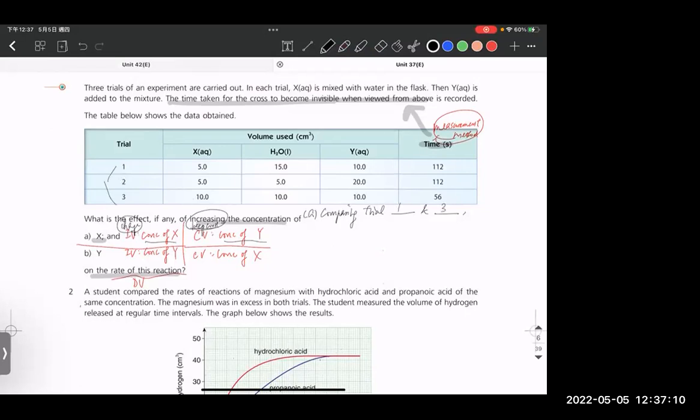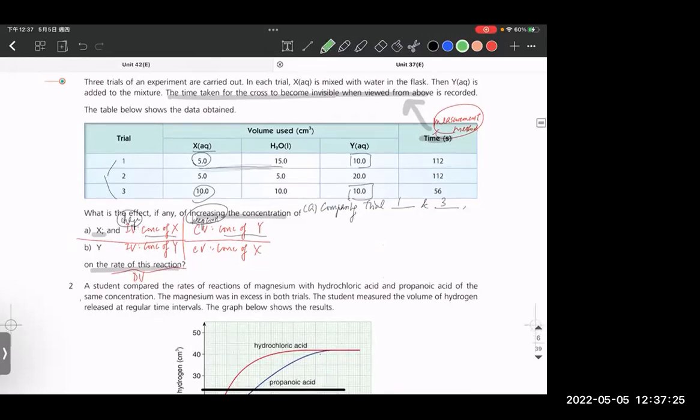The volume of X has been changed, which means that the concentration has been changed, while Y has the same volume. Now take a look at the 3rd item, the volume of X and water. You add them together to get the total volume of the solution.